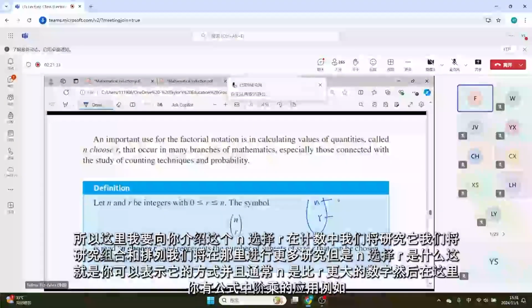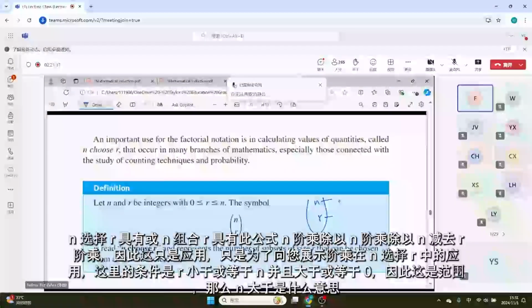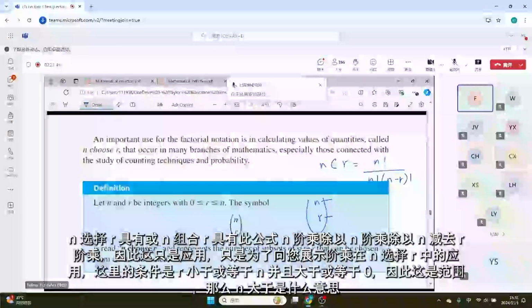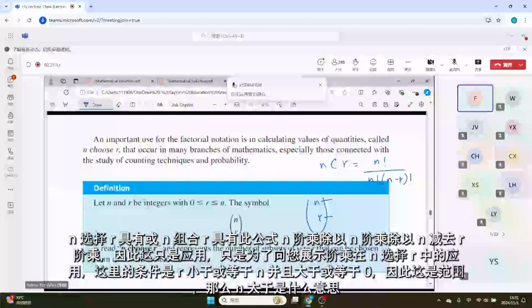And then here in the formulas, you have the application of factorials. For example, n choose R, or n combination R, has the formula n factorial divided by R factorial into n minus R factorial. So this is just to show you an application of a factorial in n choose R. And the condition over here is that R is less than or equal to n, and greater than or equal to 0.